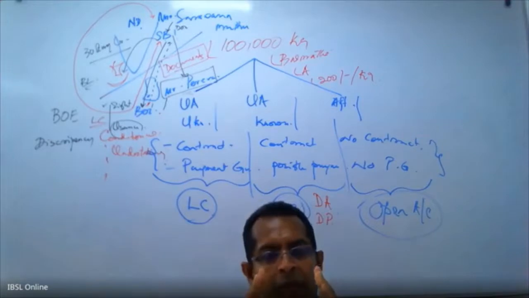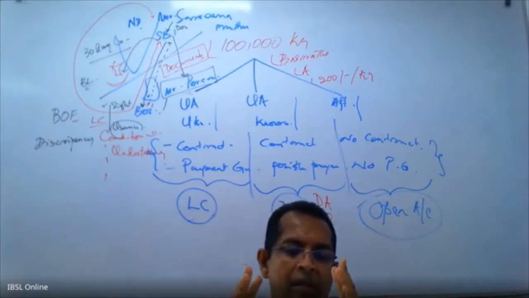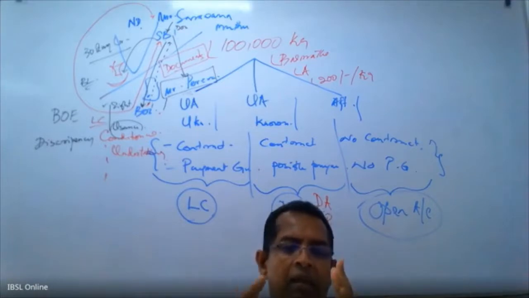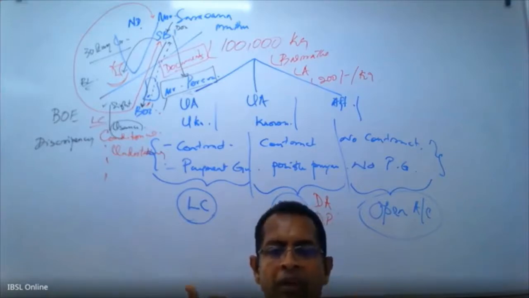Right? That is a risky business because we are releasing a document saying that it is a DA. Right? Subsequently, it comes as DP. Then we have an issue. We release the document saying $50,000.